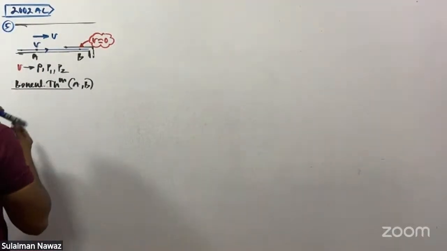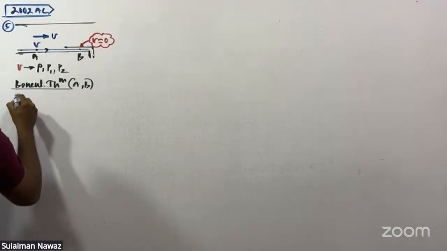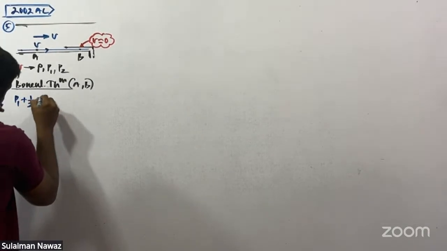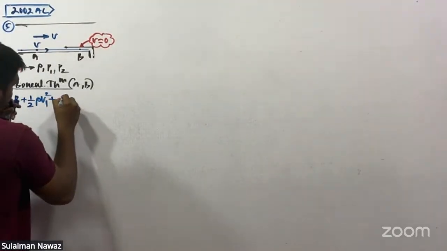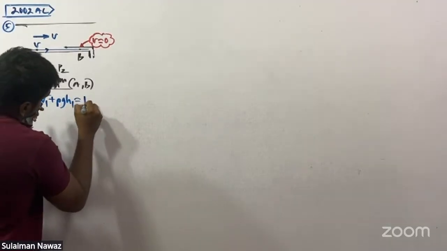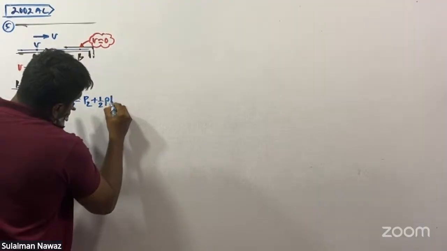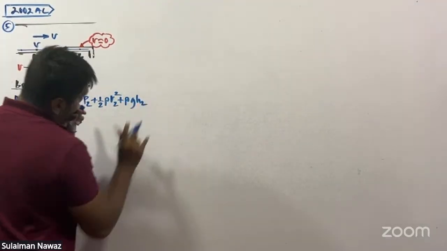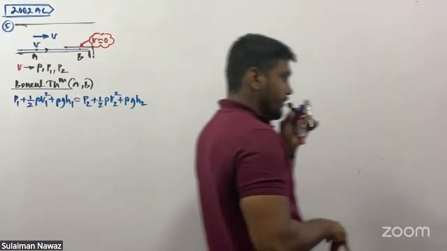Bernoulli's equation is, we all know, if you apply Bernoulli's equation for two different points, that's going to be P1 plus half rho V1 square plus rho g h1 must be equal to P2 plus half rho V2 square plus rho g h2. This is our Bernoulli's equation.